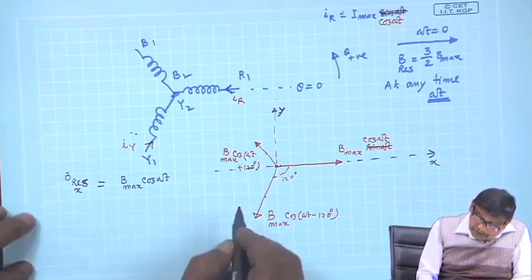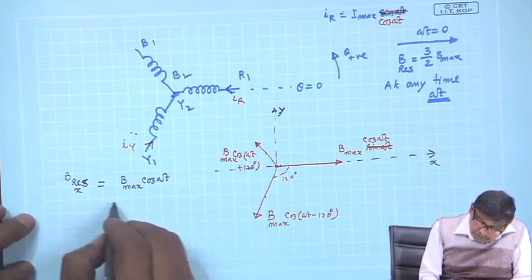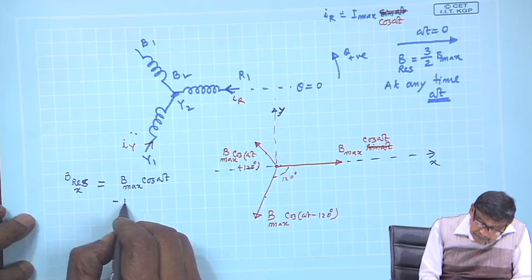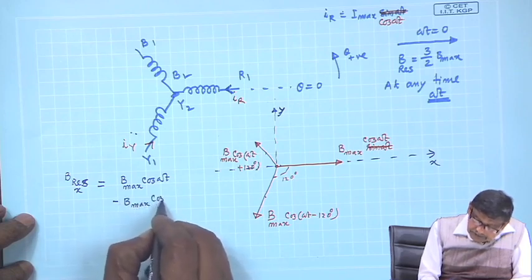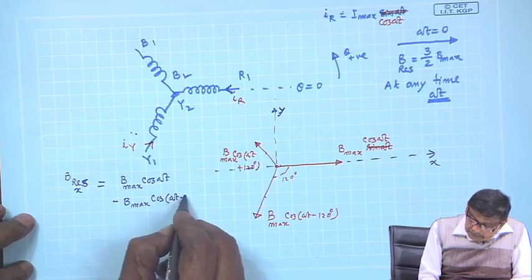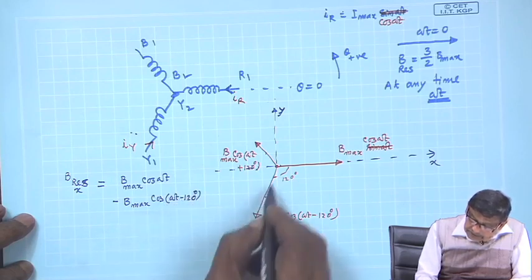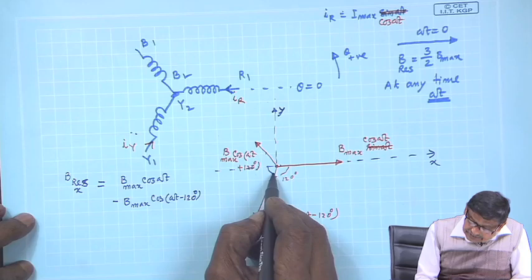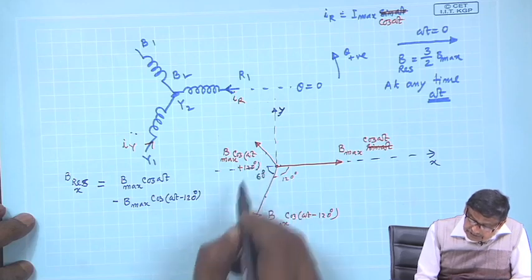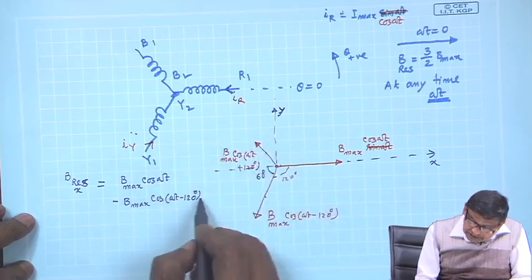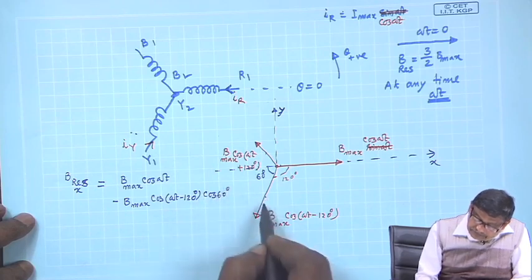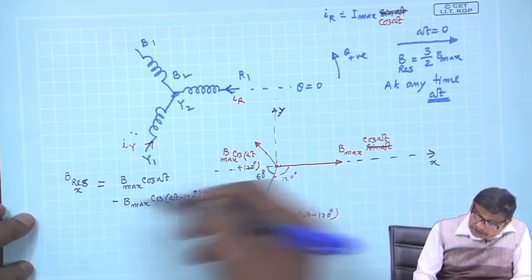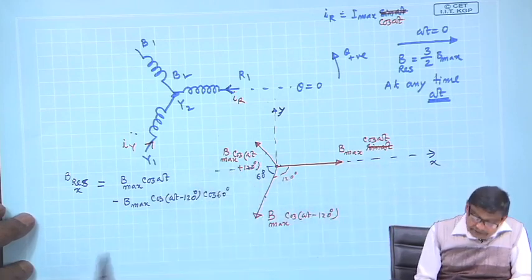So, it must be minus B max cosine omega t minus 120 degree, this one, but this angle is 60 degree, this angle remains 60 degree, into cosine 60, negative of that, because we can easily see.